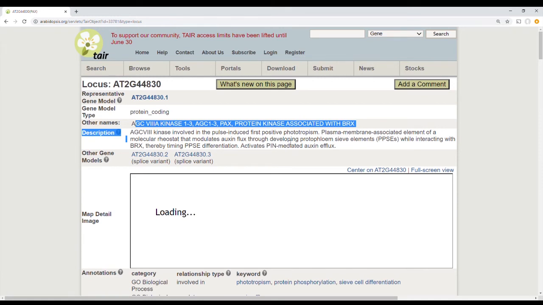This also activates PIN-mediated auxin efflux. Okay, now that's a lot of jargon. What I'd like y'all to know, and what I think is the easiest piece of information, is that this codes for a protein kinase.